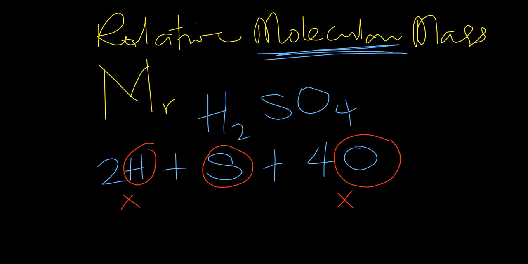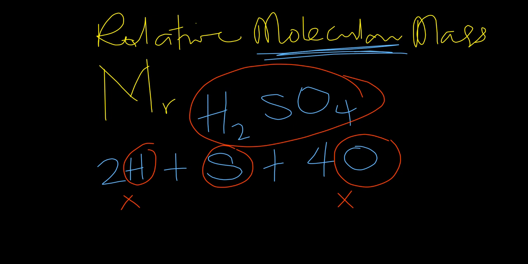So you realize that what is happening here is this: the individual masses of the atoms in the molecule are added together for you to get the relative molecular mass of this molecule H2SO4. And that's how you calculate relative molecular masses.